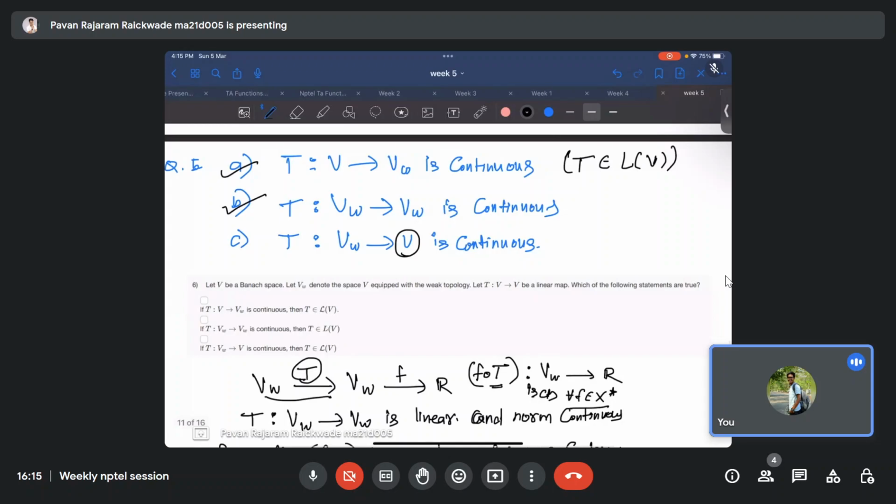So, for example, if you take T to be the identity mapping, suppose, then the identity mapping is norm continuous, but not weakly continuous. That means there are some norm open sets whose inverse image is not weakly open. C is not true.